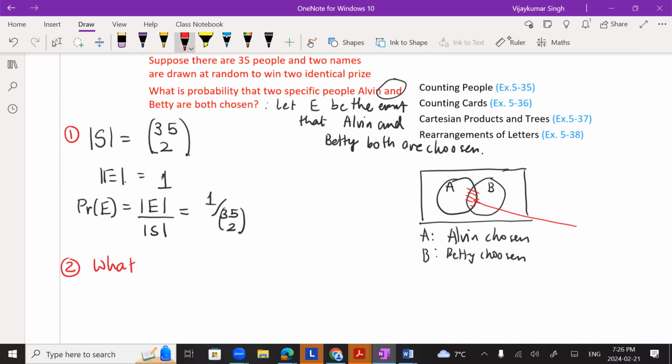What is the probability that Alvin or Betty are chosen?